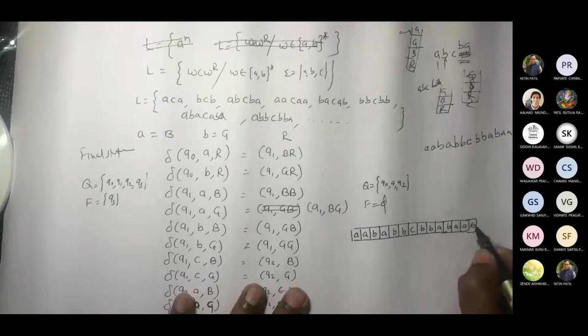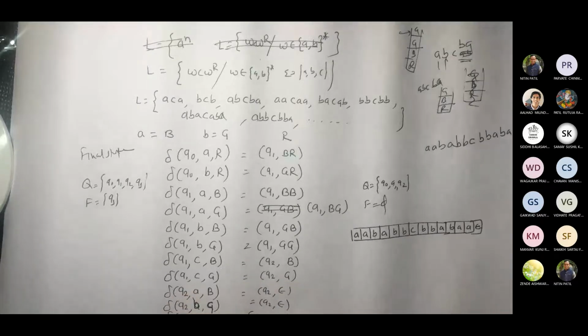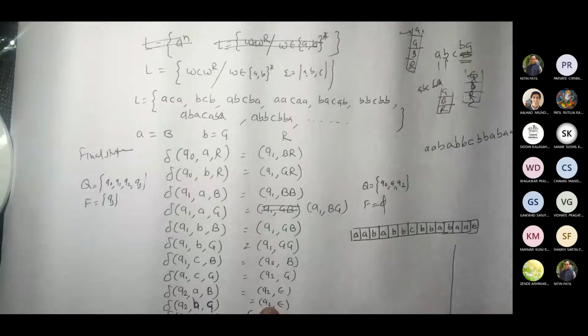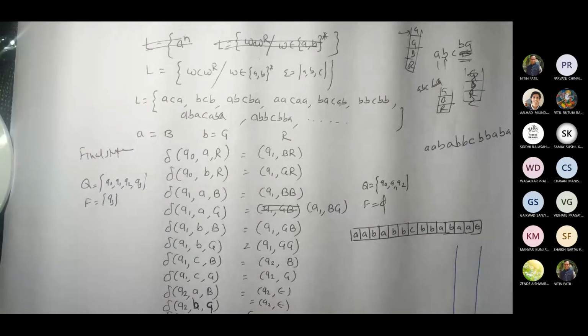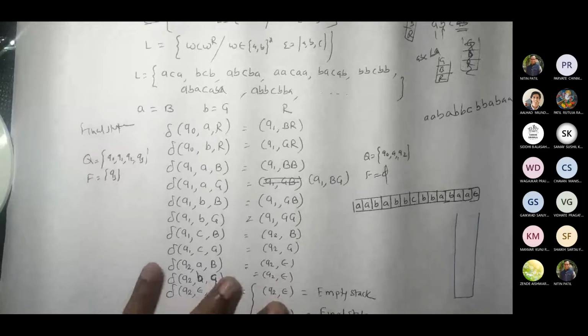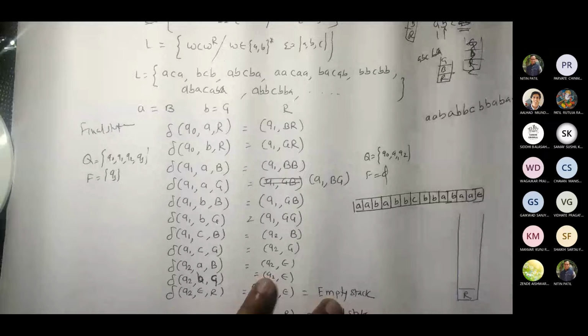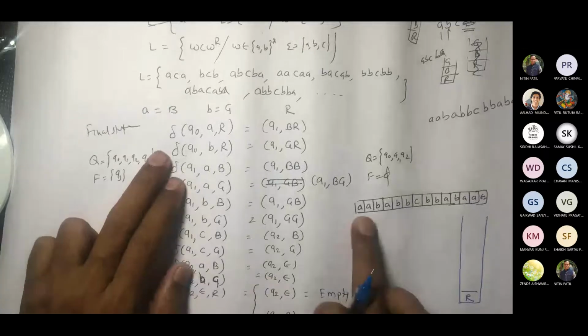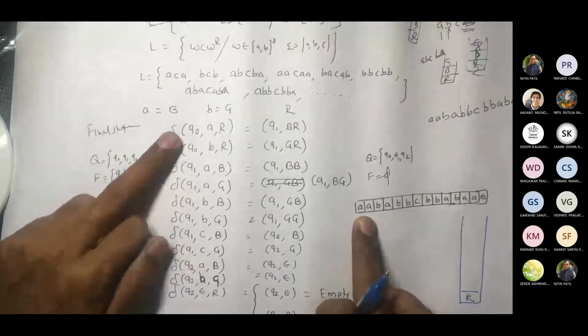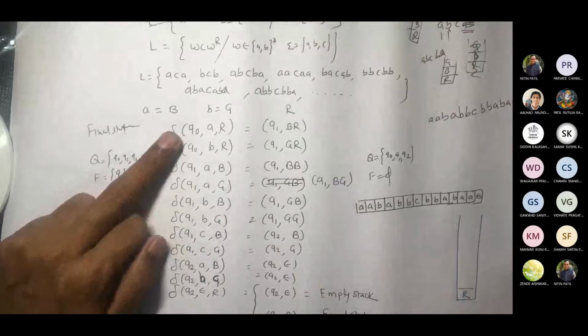Okay, so this is epsilon. Let us work out. So this is my stack. Okay, this is my stack, and I'm going to use R here as the initial state. So you are having a string starting with A. So Q0 A R. Pragati, let me know what is to be done.